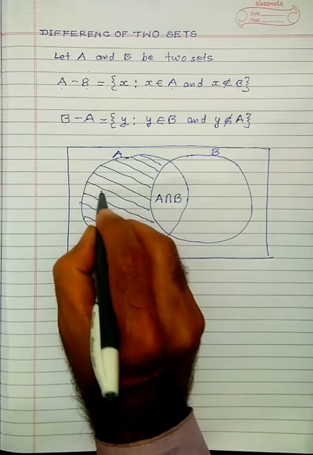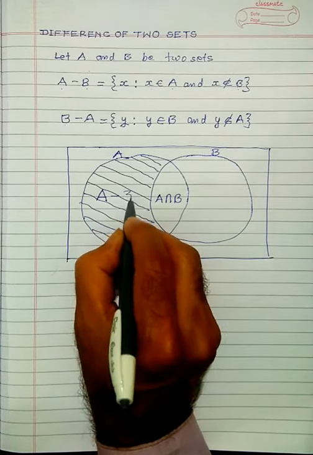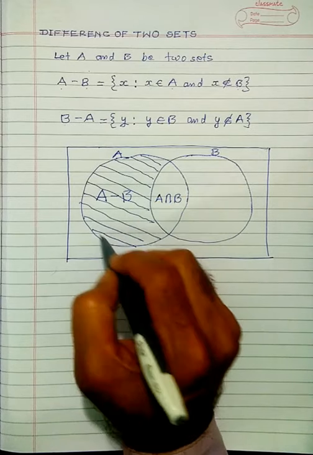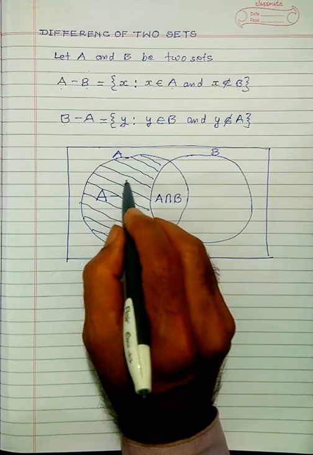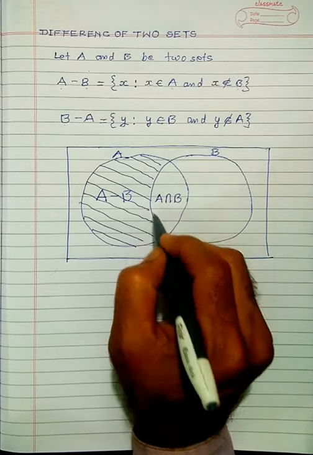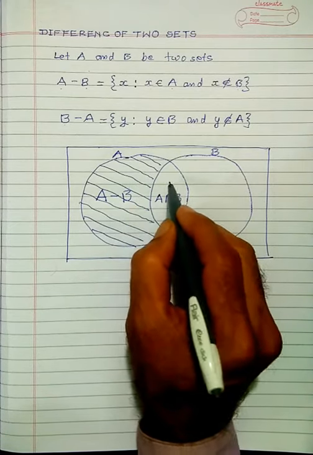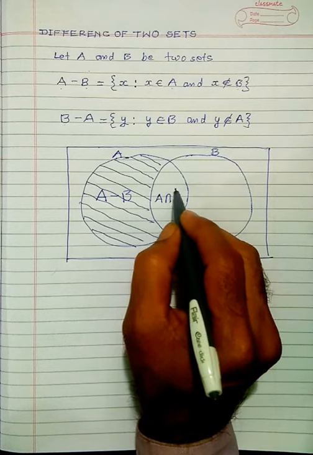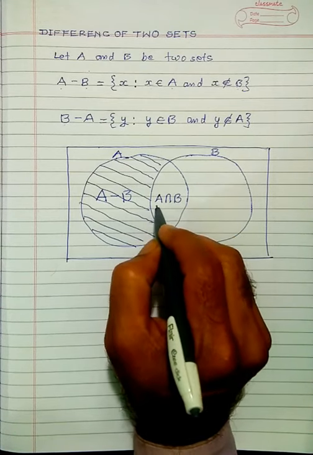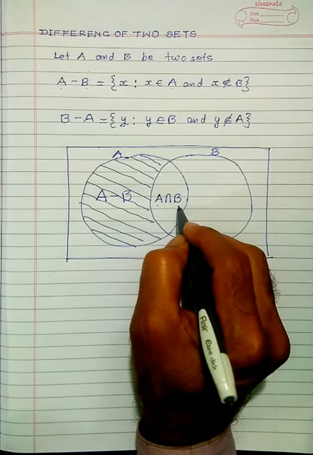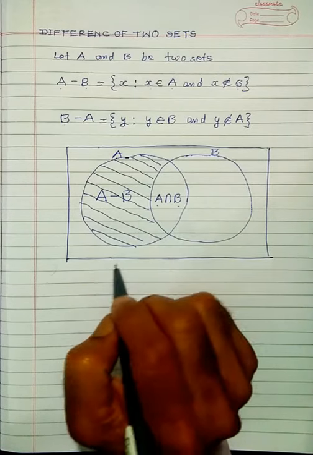This shaded region represents A minus B, because elements in this region are only in A, they are not in B, because we have excluded A intersection B from A. The elements of A intersection B are in both A as well as B. Therefore, we have excluded this region.